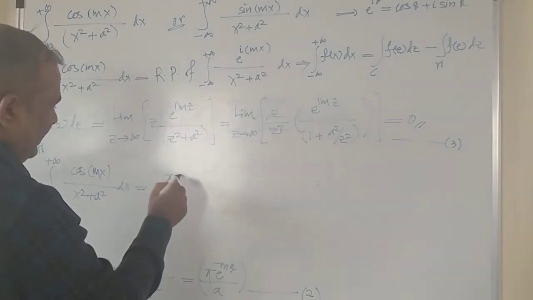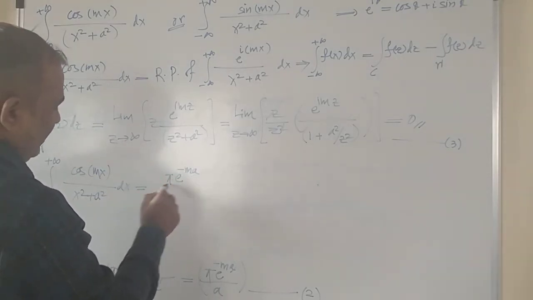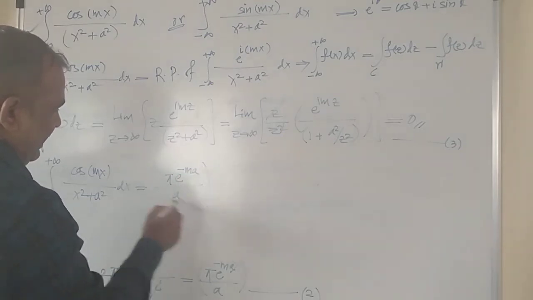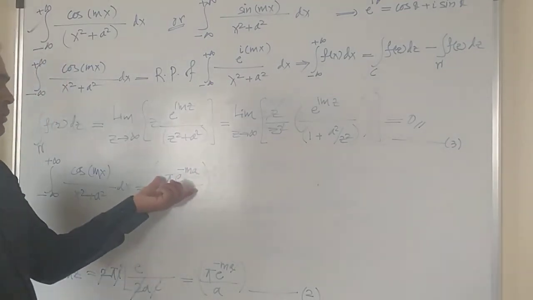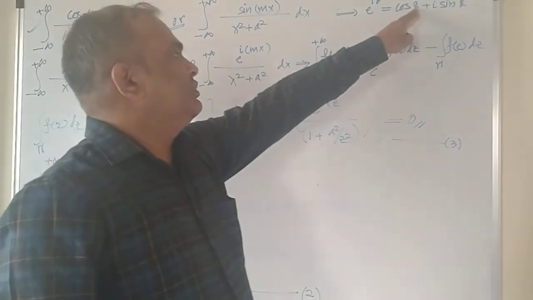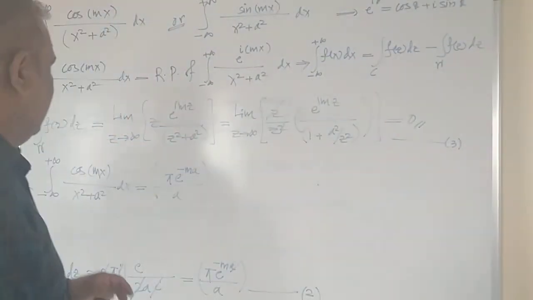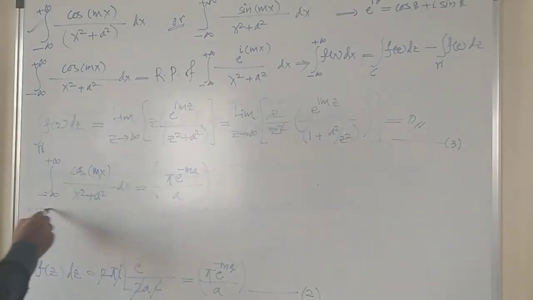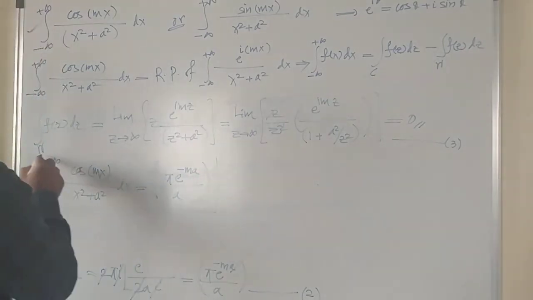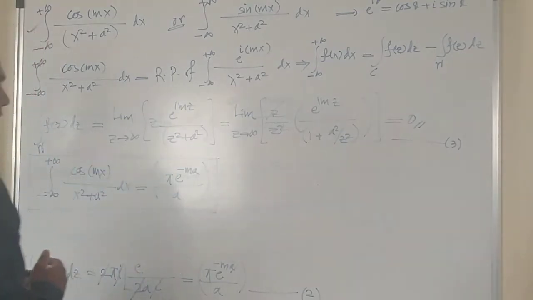This is pi e raised to minus m a divided by a. It has no i part, so you can compare this with cos of theta. Therefore the value of this integral is equal to pi e raised to minus m a upon a.